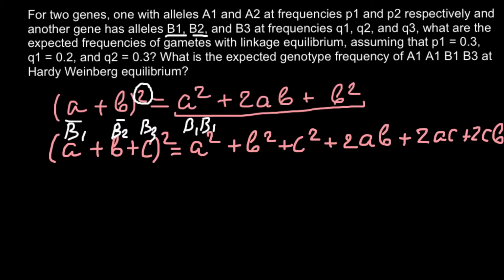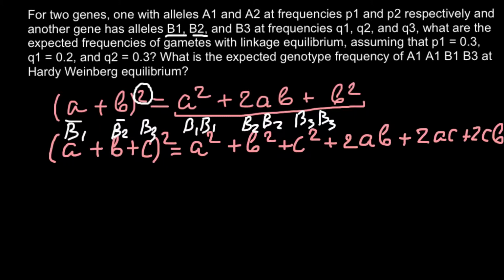but I think it would also be easy for you to understand if I use formulas that you are used to from your math class. So for B squared, we would have allele B2 and B2, and C squared would be allele B3 and B3.